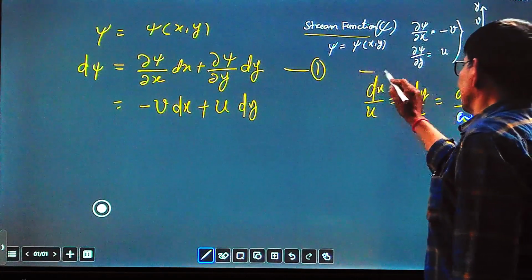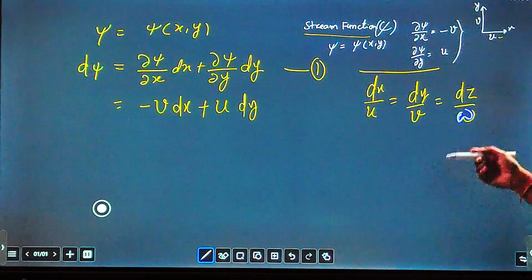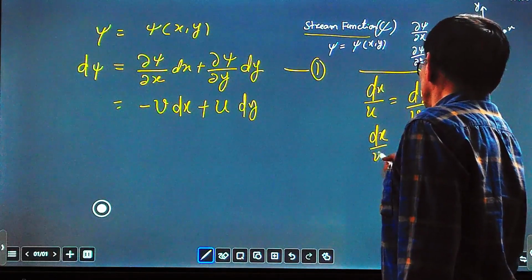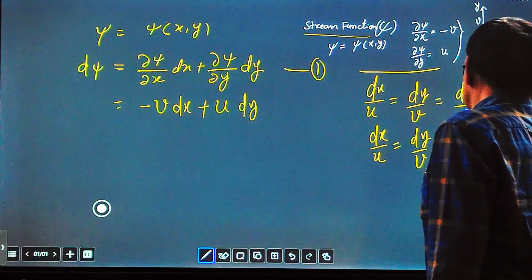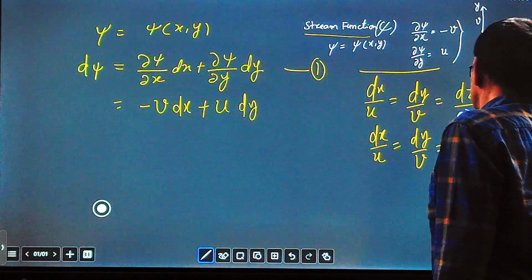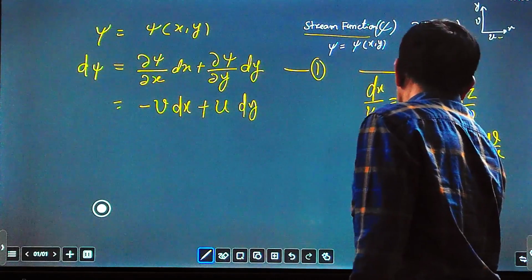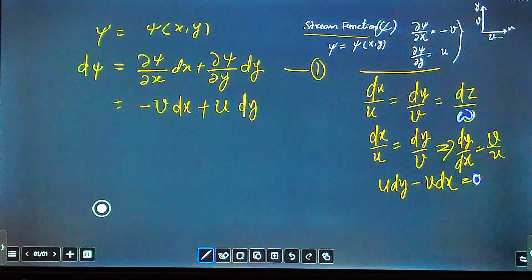But for two-dimensional flow in x and y, you can say dx over u equals dy over v. So dy by dx equals v by u. Simply, from the streamline equation, u dy minus v dx equals 0.